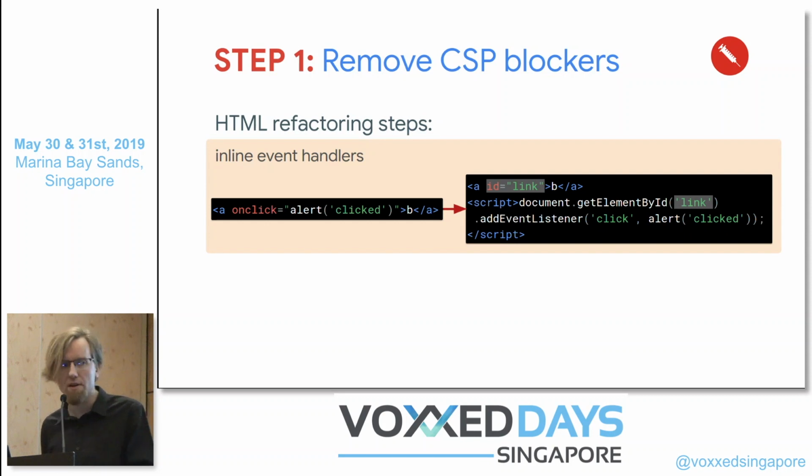So for example, if you have an inline event handler, instead of defining it as an onclick attribute, you can at runtime add the same handler from a script element.